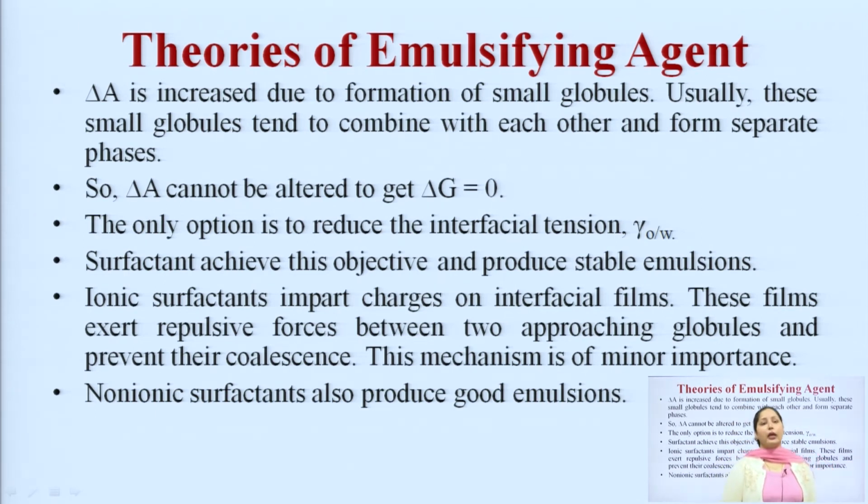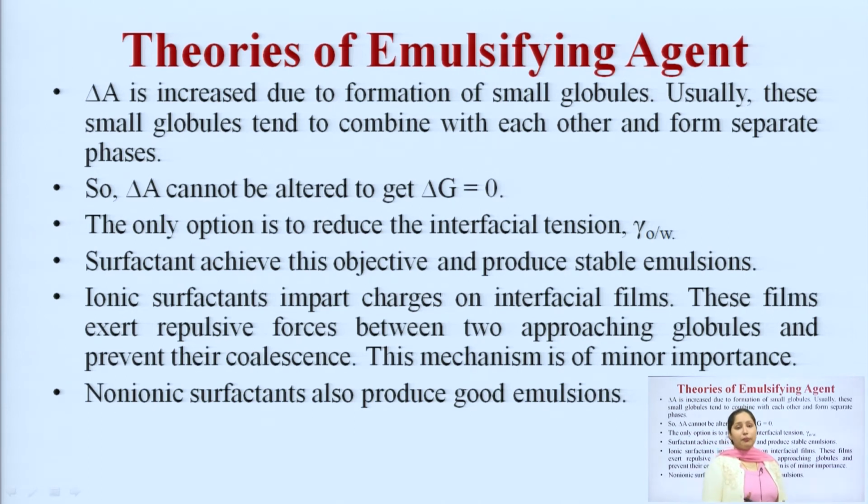As we all know, these surfactants reduce the surface tension between the two different phases. Since there is an increase in the overall area of the system, because the dispersed phase is present in small globules, if we could reduce the area, we could reduce the surface free energy of the system.